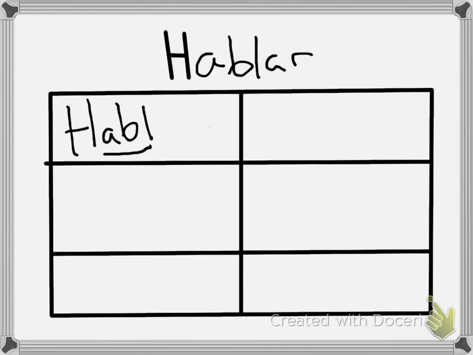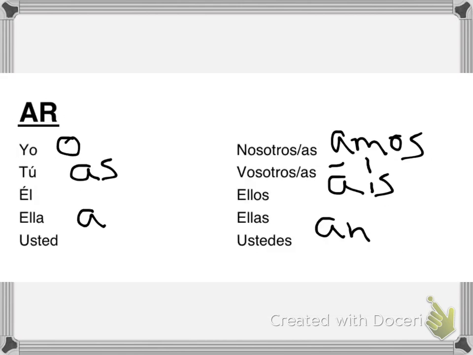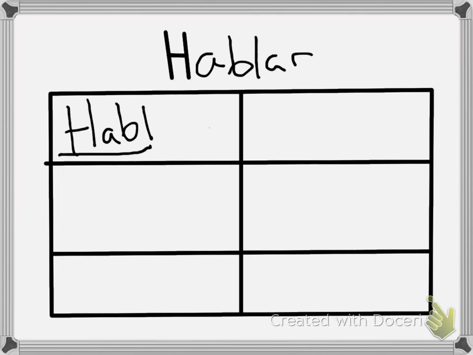Okay, so right here, H-A-B-L is our verb stem. Then from there, all we have to do is add on the appropriate verb ending. So if you remember back to your AR verb endings, the verb ending that matches with yo is the letter O. So I go back to here, I have my verb stem, and I add on the appropriate verb ending. Hablo. Yo hablo means I talk.